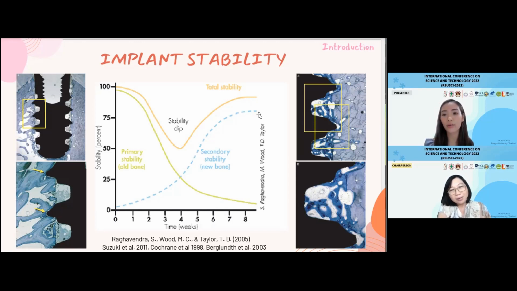So we studied at 6 weeks. But from this graph, the maximum secondary stability will be reached at 8 weeks. Your answer is because the recommendation for early restoration is 6 weeks. Yes, but I think the architecture and design of this implant may affect the stability too, so I chose 6 weeks.